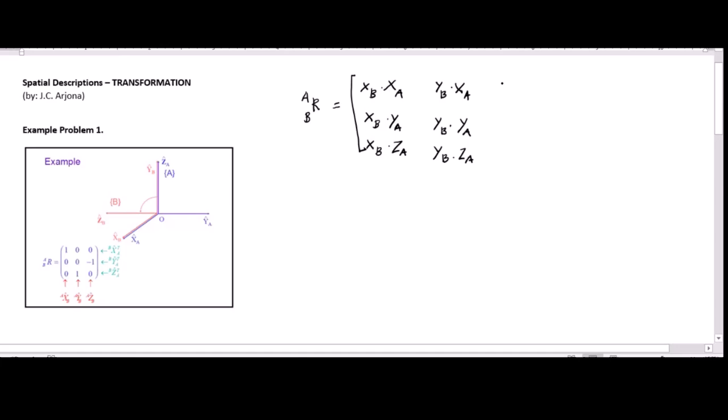And on the third column, this is the ZB to A. So this is ZB, ZB, ZB relative to frame A. So this is XA dot YA dot ZA.